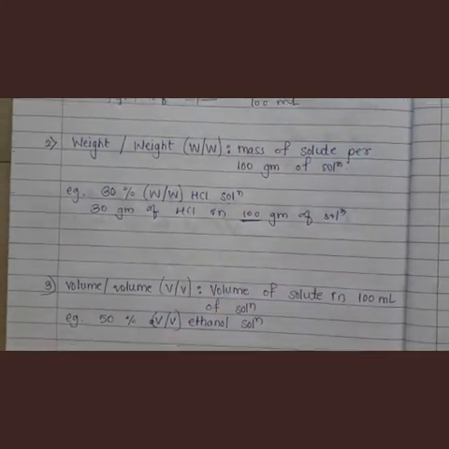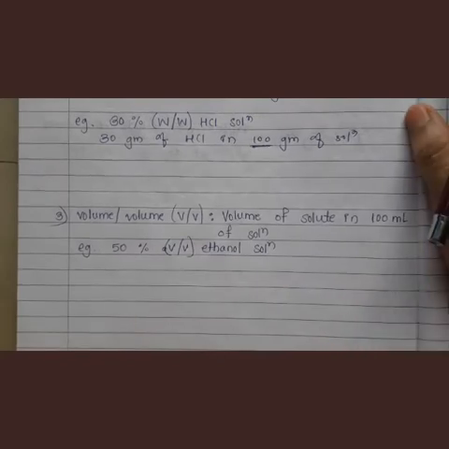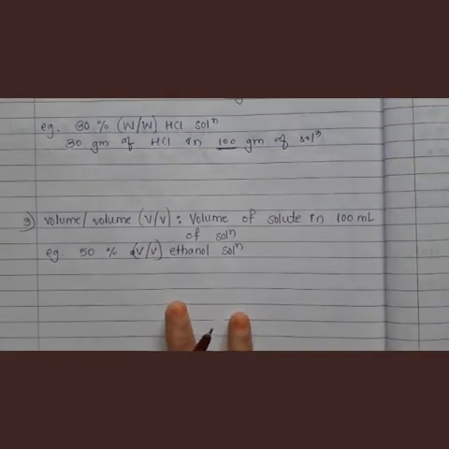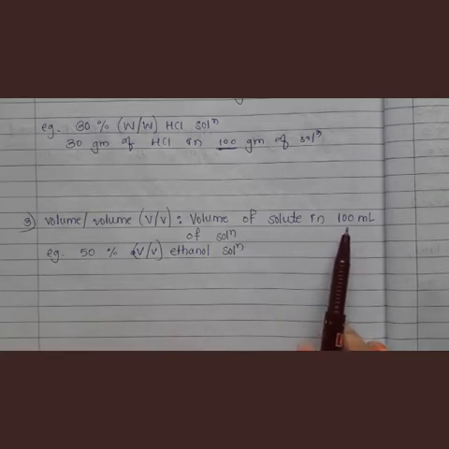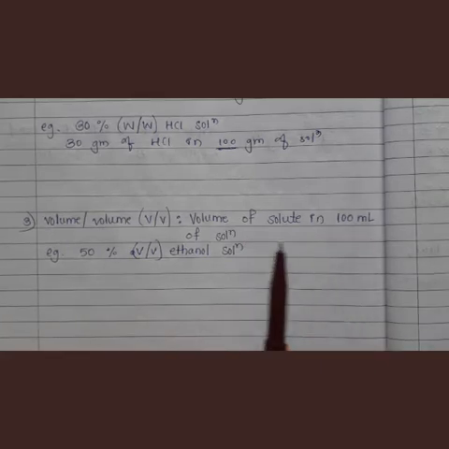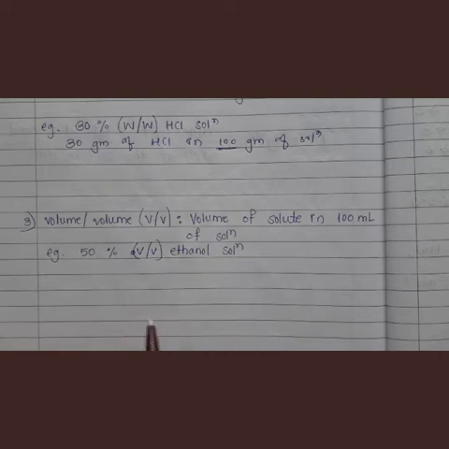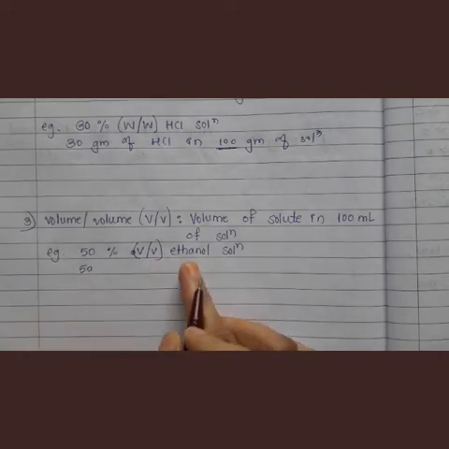Now next is volume by volume. Volume, liter, milliliter. Volume by volume means solute is also given in ml and your solution is also given in ml. So here, 50% V by V ethanol solution. What does it mean? The solution is of ethanol.